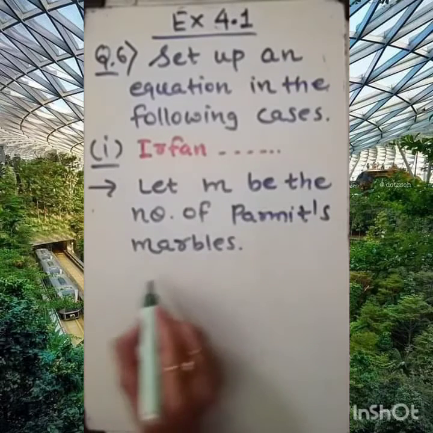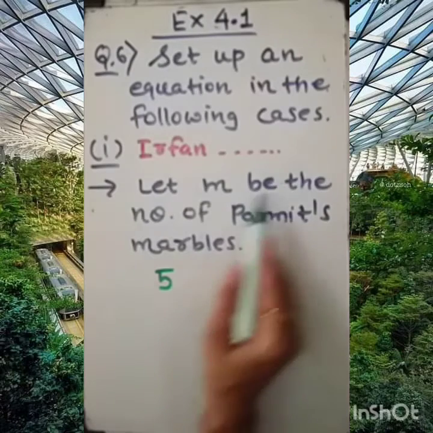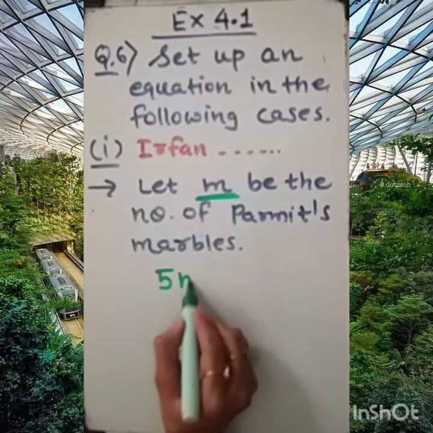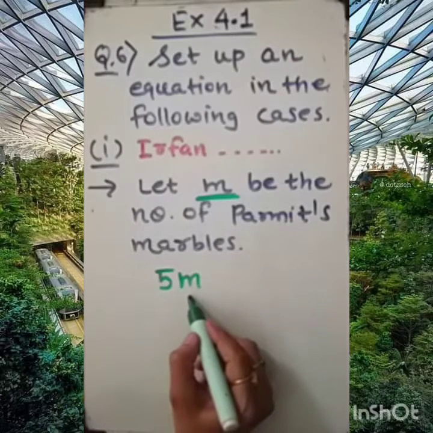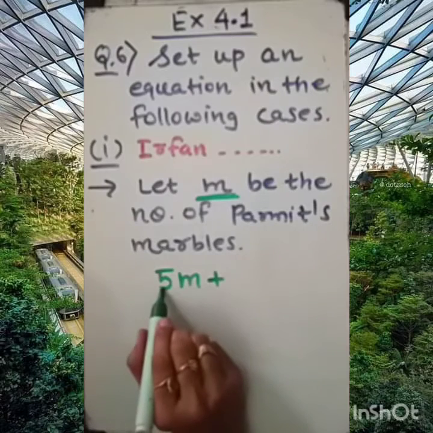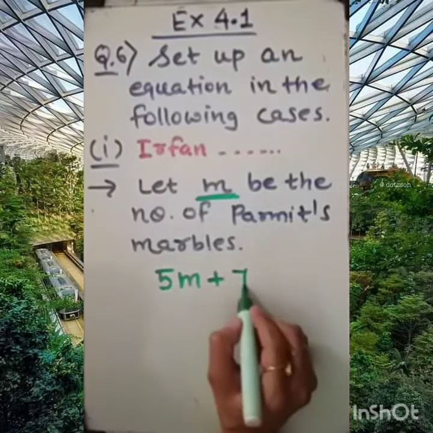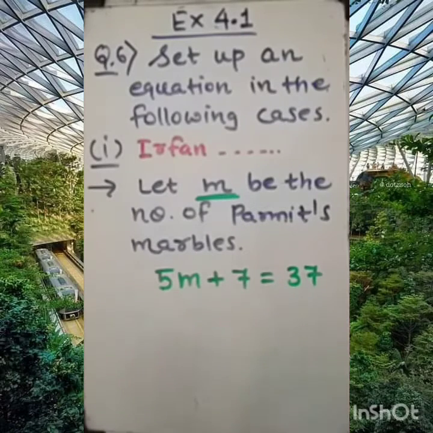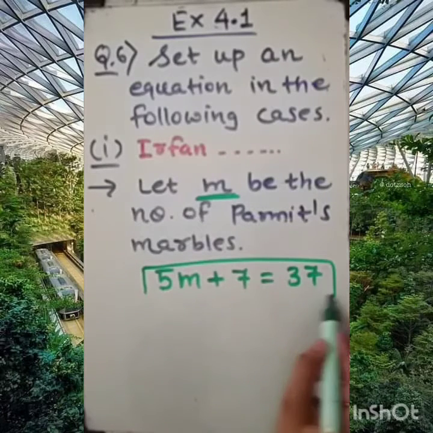Parmit has 5 times marbles. 5 times of Parmit's marbles is 5m, as we are choosing m as a variable. So 5 times of m, this is the marbles with Parmit, m, and that has been multiplied by 5. So 5 times of Parmit's marbles, and it is 7 more than that. 7 more than that, the result is 37 marbles. These marbles are finally with Irfan. So this is the statement we are given, and through that we need to write this in equation form.